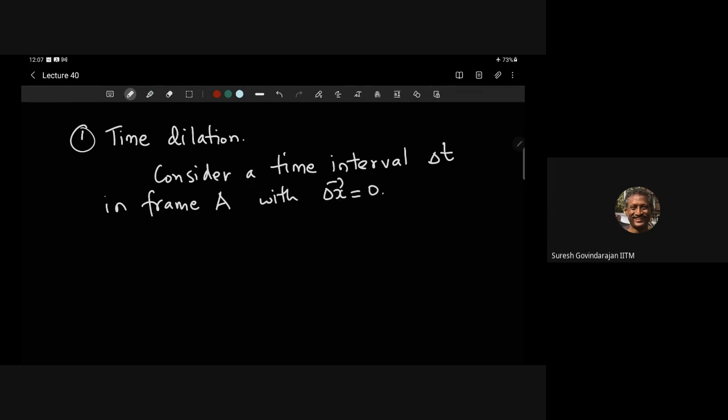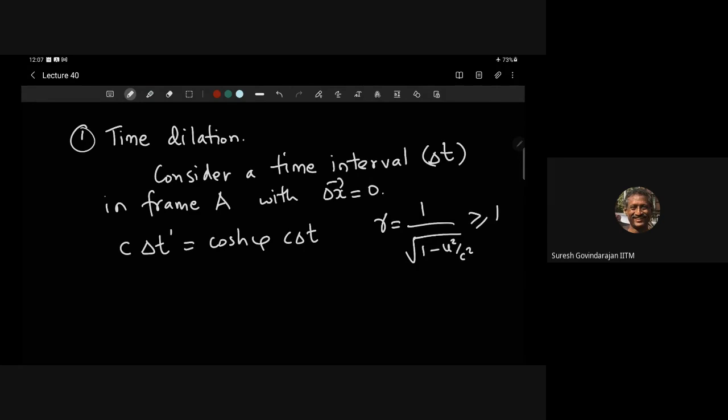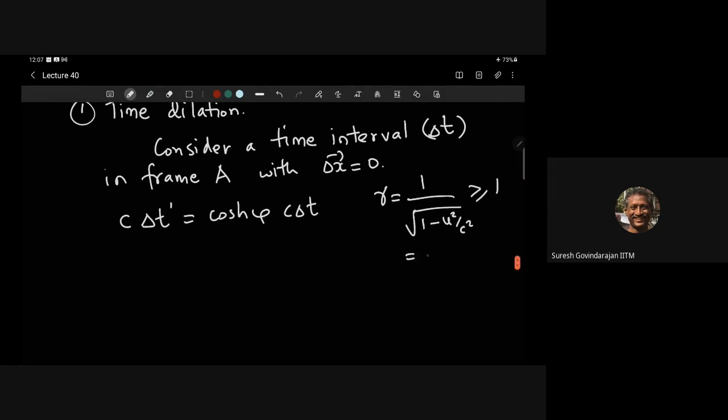Then c delta t prime would be cos phi c delta t, and recall the gamma factor, which was 1 by square root of 1 minus beta squared, or u squared by c squared, which is always greater than or equal to 1, and is equal, in this language, to cosh phi. If we put this together, we get delta t prime equals gamma delta t.